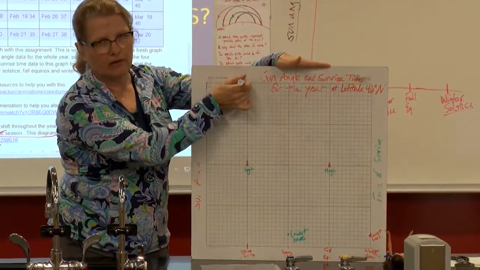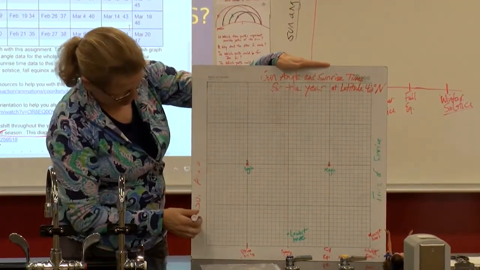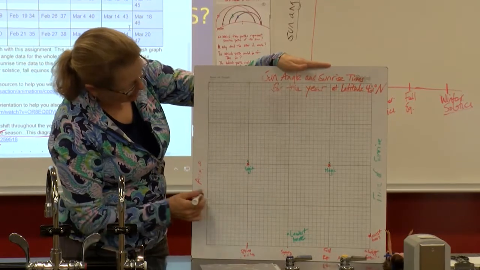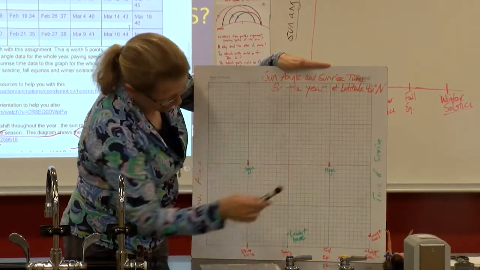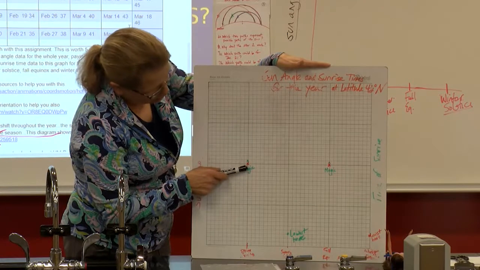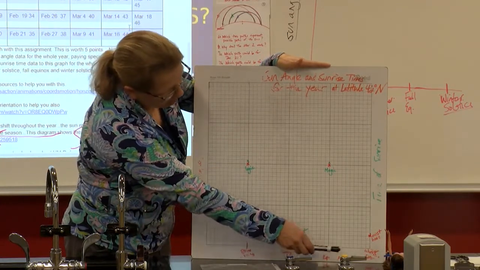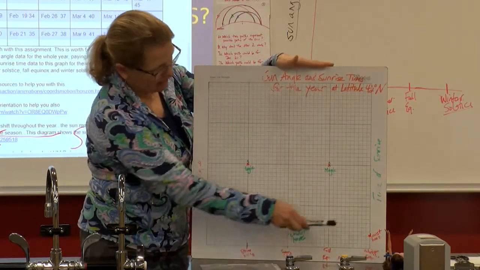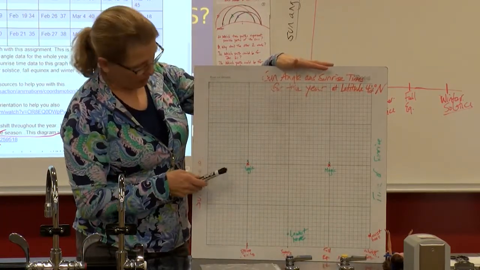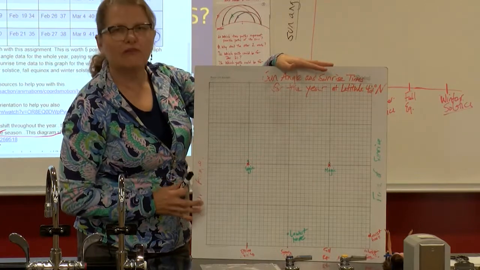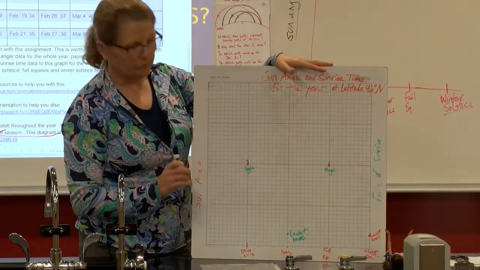You need to have a title. You need to define the axes. This would be sun angle in degrees, time of sunrise in minutes. I'm showing you that the spring, summer, fall, winter, you can do it like this. I'm showing you right now, and I don't have any numbers. You don't have to have numbers. You have to have trends.